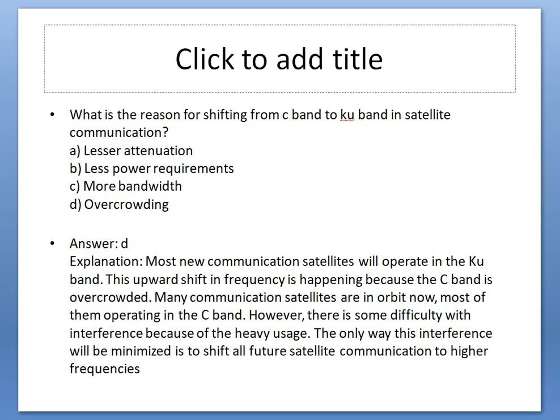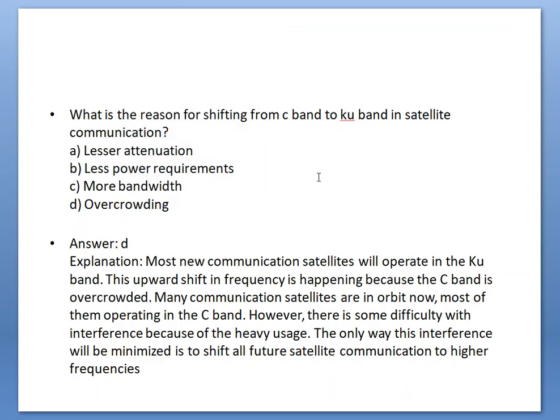And now coming to the next bit, what is the reason for shifting from C to Ku band in satellite communication? Option A, less attenuation. Option B, less power requirements. Option C, more bandwidth. And option D, overcrowding. The answer is simply overcrowding. Why is it D? Most new communication satellites will operate in the Ku band.